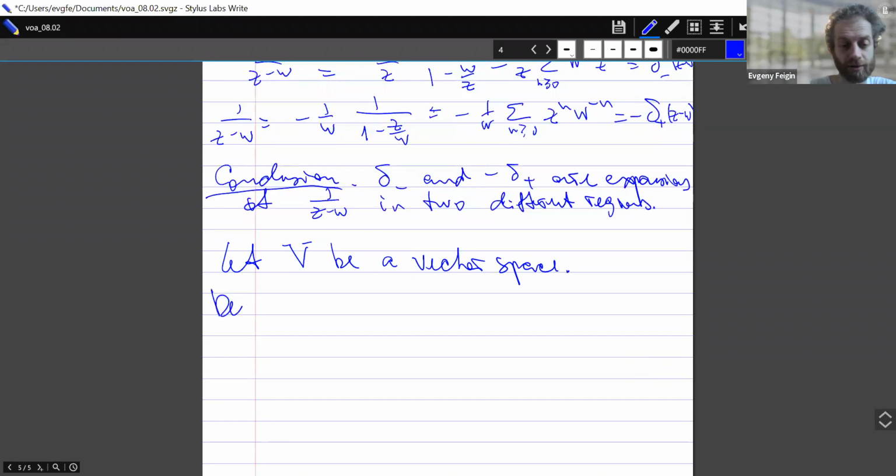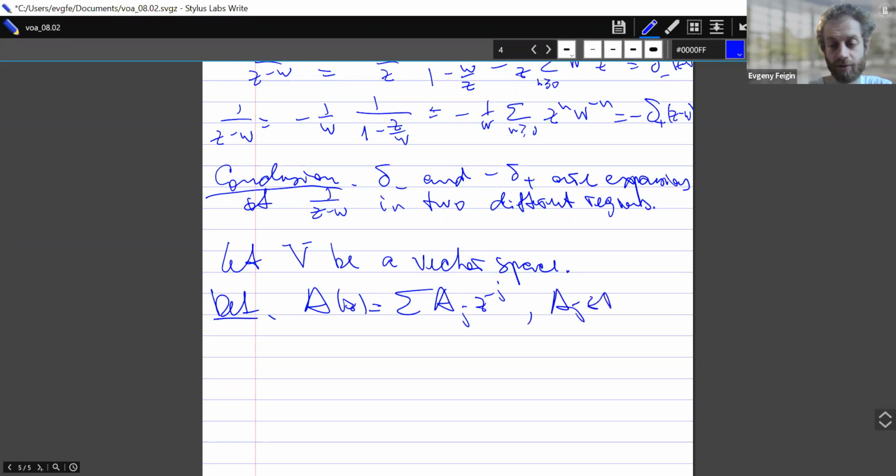Then the expression A of Z, which is the sum of A_J Z to the minus J, where A_J is an endomorphism of V, is said to be a field.